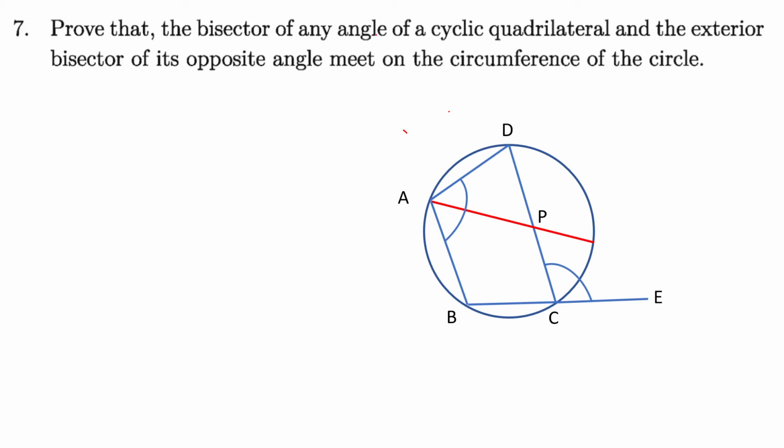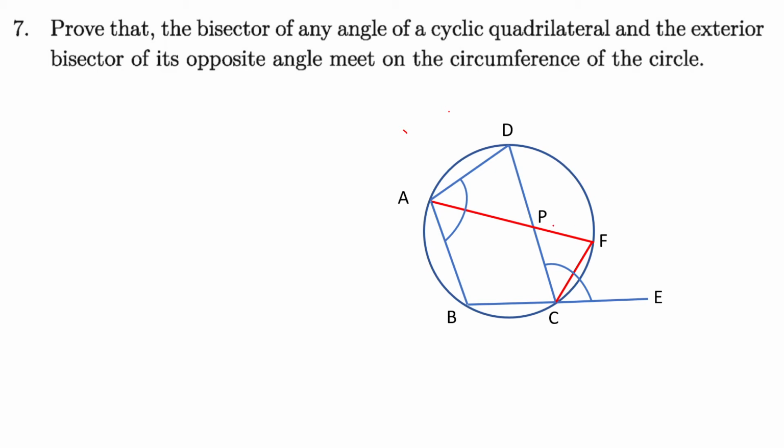The bisector of any angle of a cyclic quadrilateral, and the exterior bisector of its opposite angle, this angle, intersect at a point, say F. It is required to prove that F is on the circle.